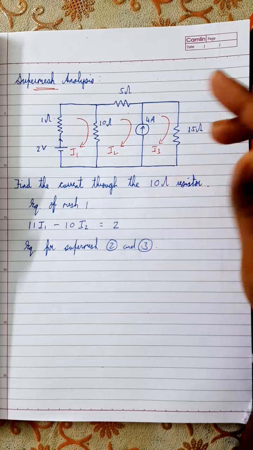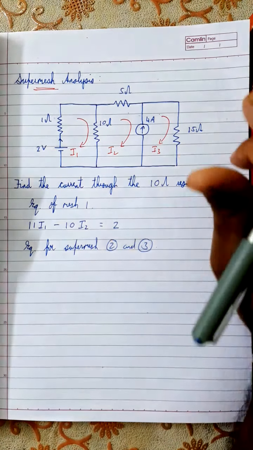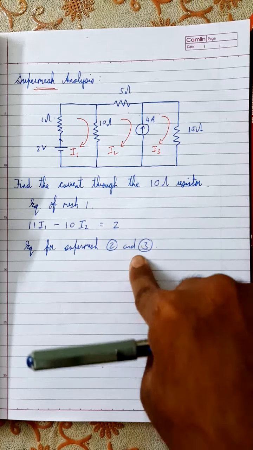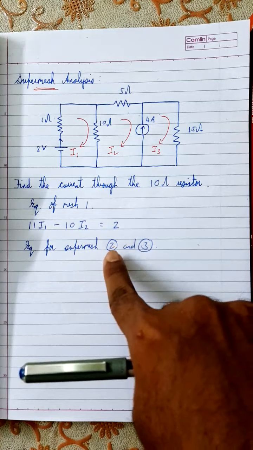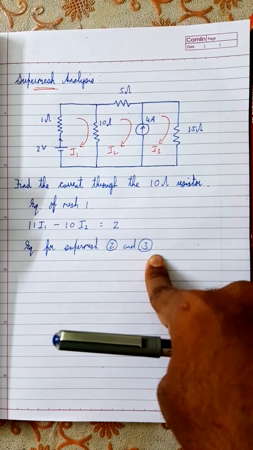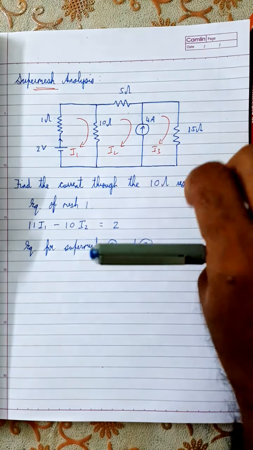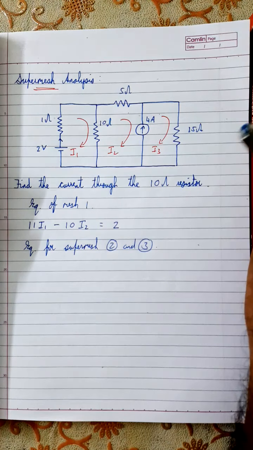So how do you write the super mesh equation? Normally, just like how you write other mesh equations. Like I said before, whichever mesh equation you are writing, that corresponding current will be positive and the remaining currents are negative. So in this equation, it concerns super mesh 2 and 3, which means it's a combination of 2 and 3. So both I2 and I3 are now considered positive, and any other current is considered negative.